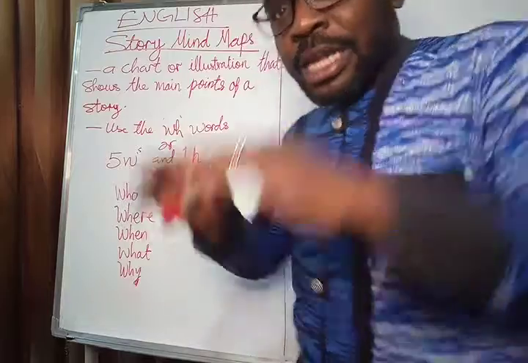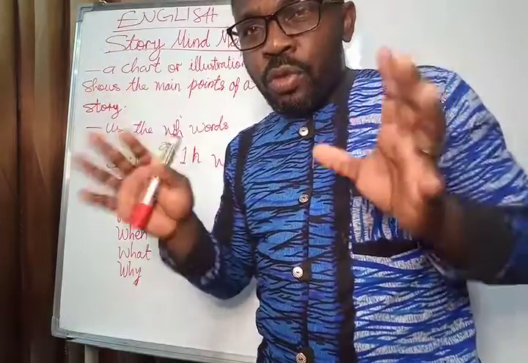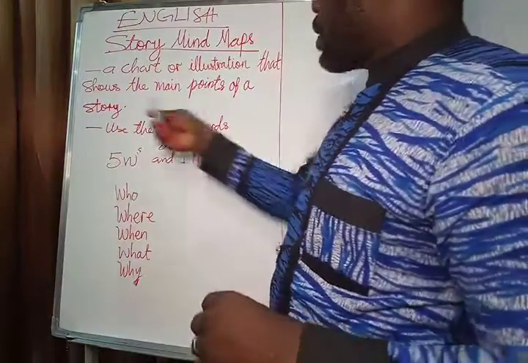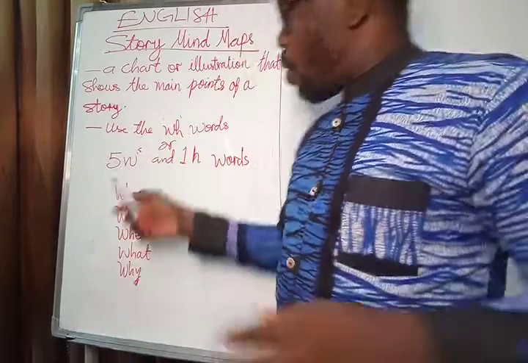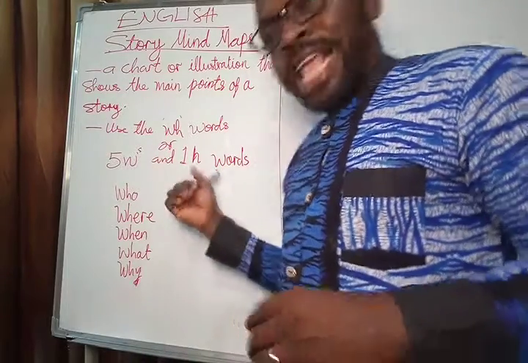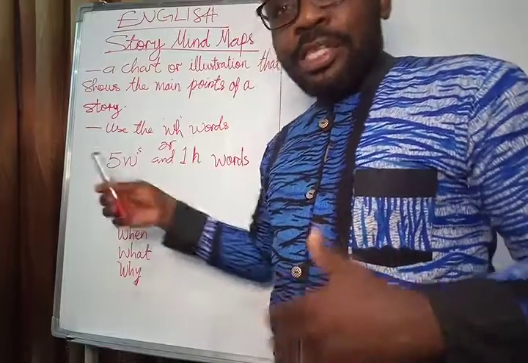Okay, and what does the story mind map contain? It contains what I call the WH words, or the 5 W's and 1 H word. Now, they stand for something.